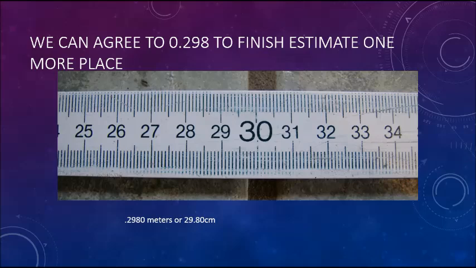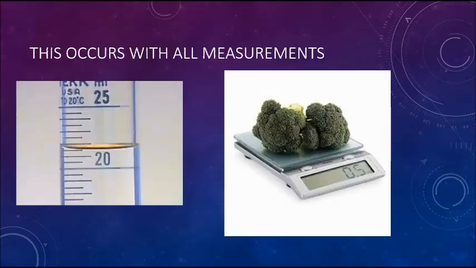So if our device can only measure to the 10th of a meter, we're going to estimate the 100th place. If our device only goes to 1 meter, we'd estimate to the 10th of a meter. Always estimating that one place. And in fact, this happens with all measurements, whether it's a graduated cylinder or an electronic balance.